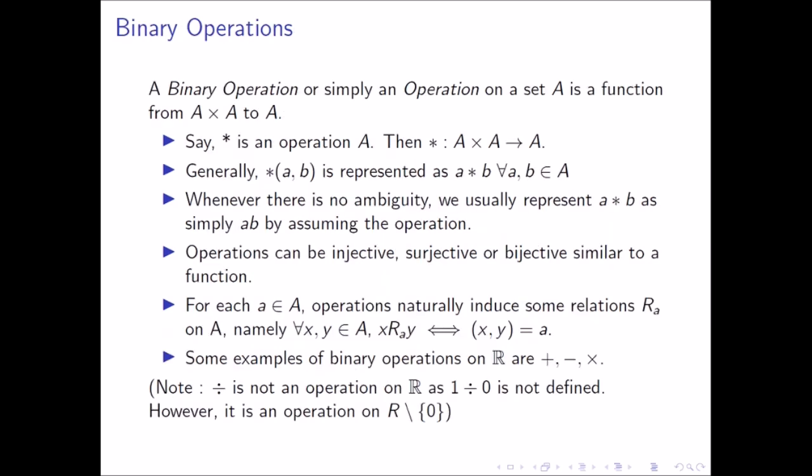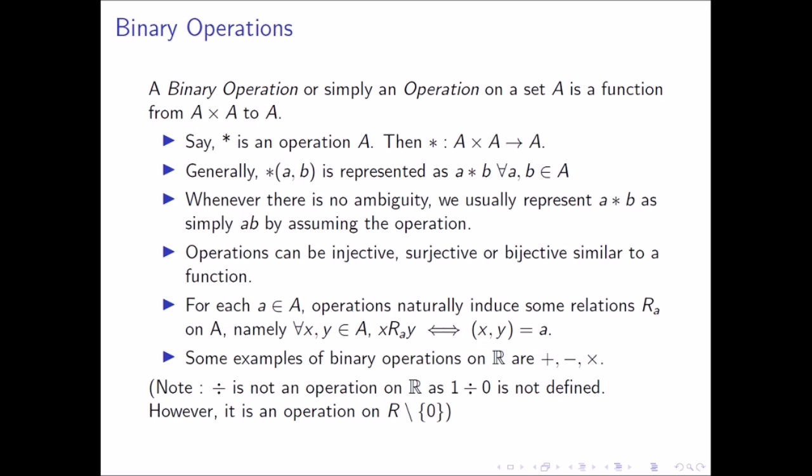Now we come to another important concept, binary operations. A binary operation is basically an operation or a set function. We will refer to binary operations as operations on a set A. It's basically a function mapping A cross A, the Cartesian product of A with itself, to A. So if, say, star is an operation on A, then star is a function from A cross A to A. That's it.